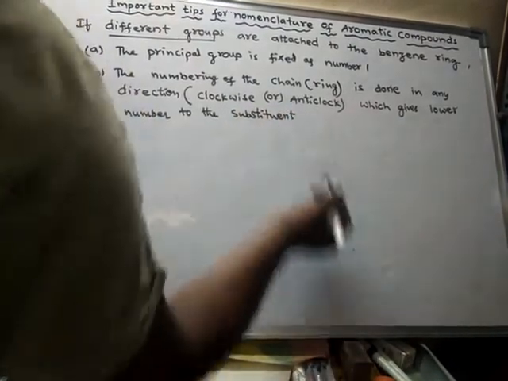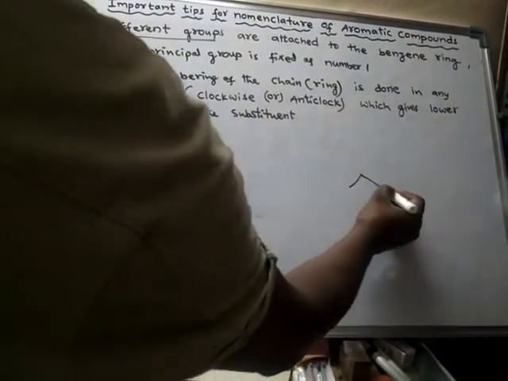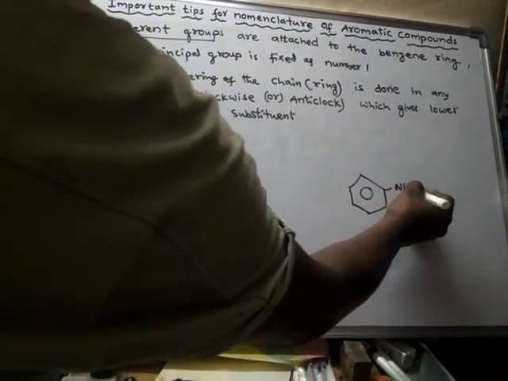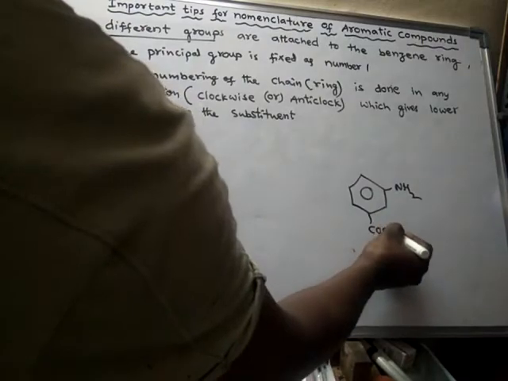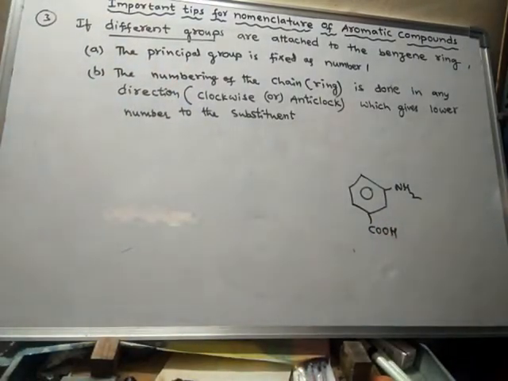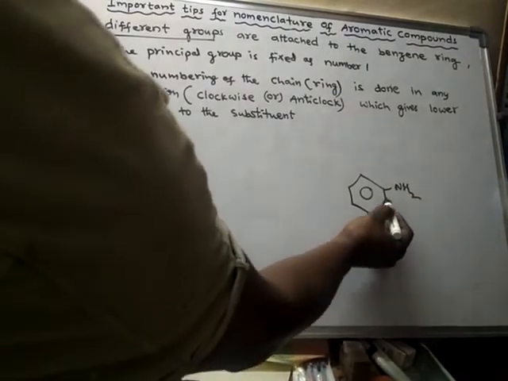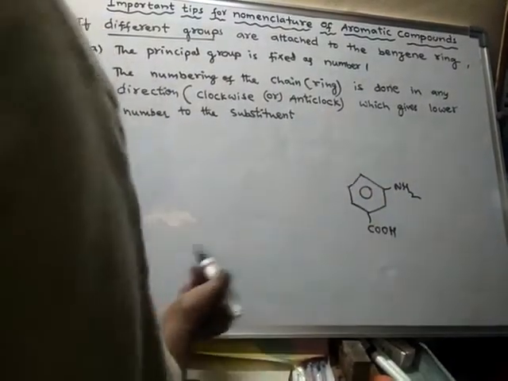Just now in our previous example, NH2 is present and COOH is present. In which direction should the numbering be given? It should be given in the anti-clockwise direction.